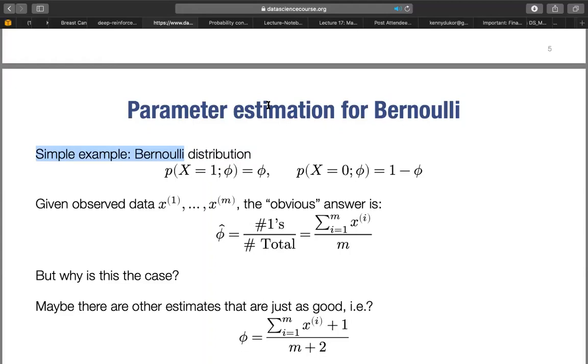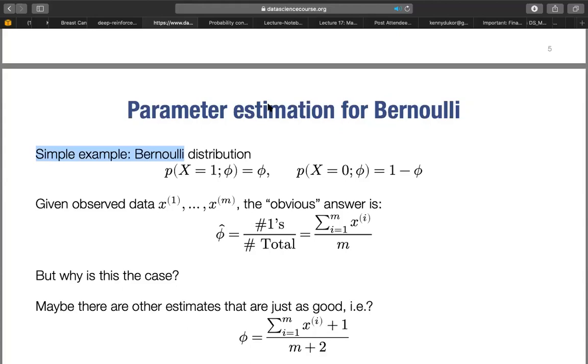What the professor was trying to do here was prove that maximum likelihood estimation of a particular distribution of data is correct. He used the example of a coin.